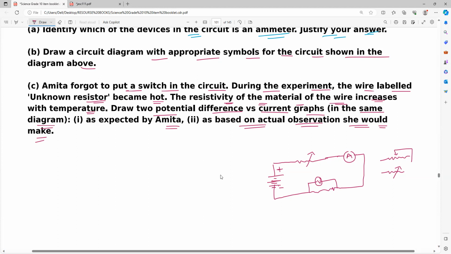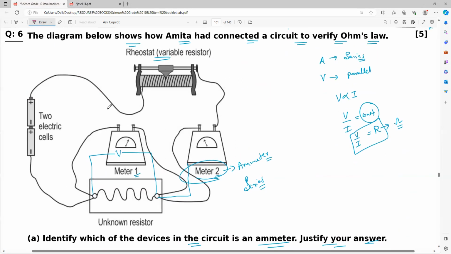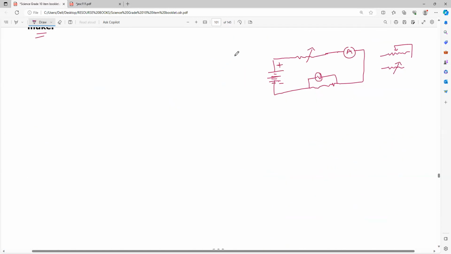See, the circuit key is missing. She forgot to put the key. So what is the key? Key means, in science language, a plug key. Plug key means switch. You understand? So she forgot to put the switch. Switch is only another way to call it a key.